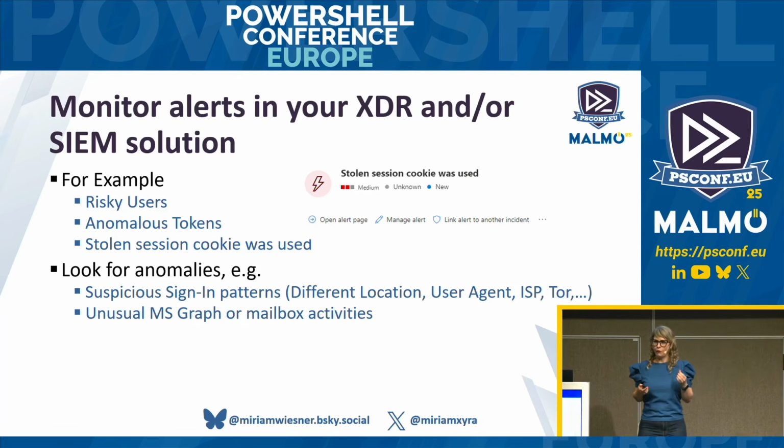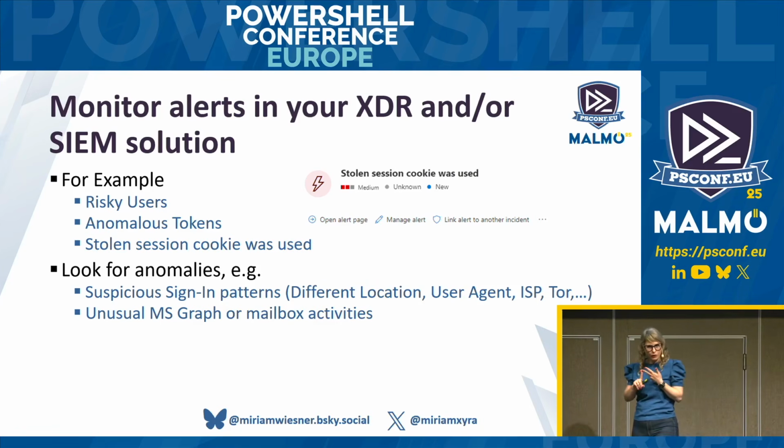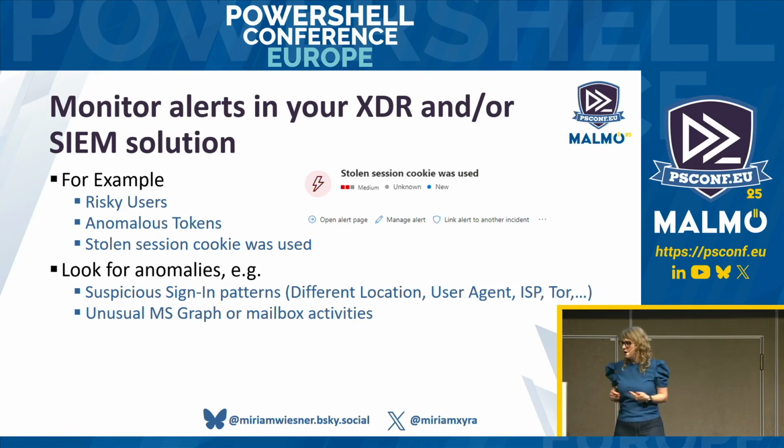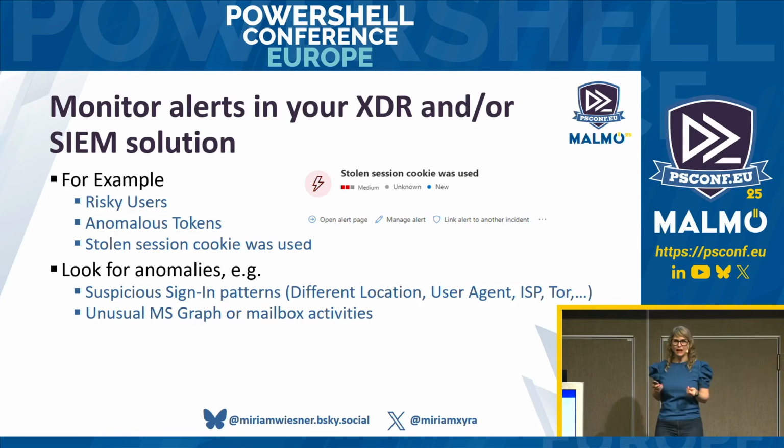So look for suspicious sign-in patterns, like we just said. If the location changed, if the internet service provider changed, if an anonymizer is used, for example, or if the user agent is different, that might also be a strong indicator that something is fishy and you should investigate.